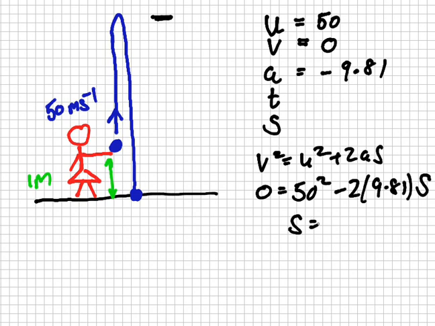Maybe I put a calculator in my bag today. Hey, I did. 50 squared divided by 2 times 9.81. So you get 127.4 meters as part A.